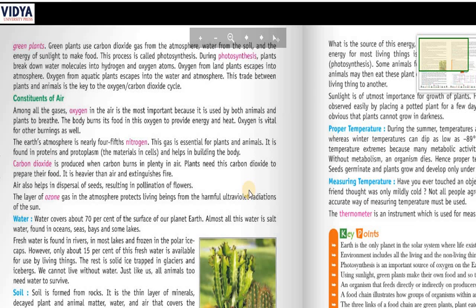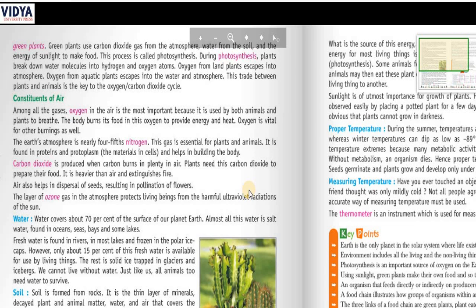And we use oxygen to make energy with the help of food, and in this process we give out carbon dioxide, which is also a gas, and this gas is used by the green plants to make their energy and they release oxygen.